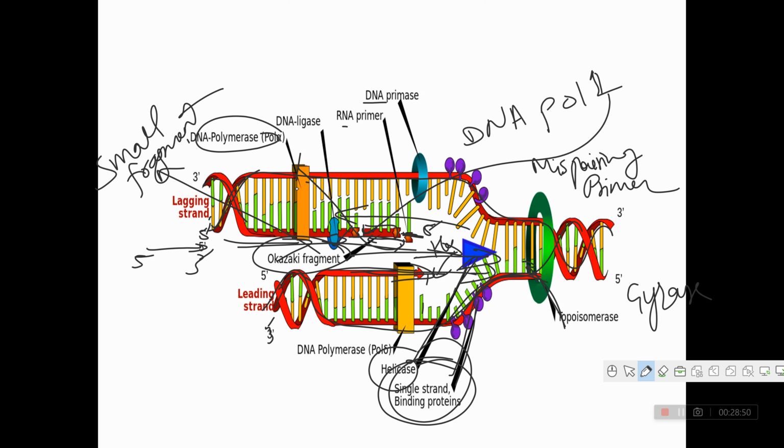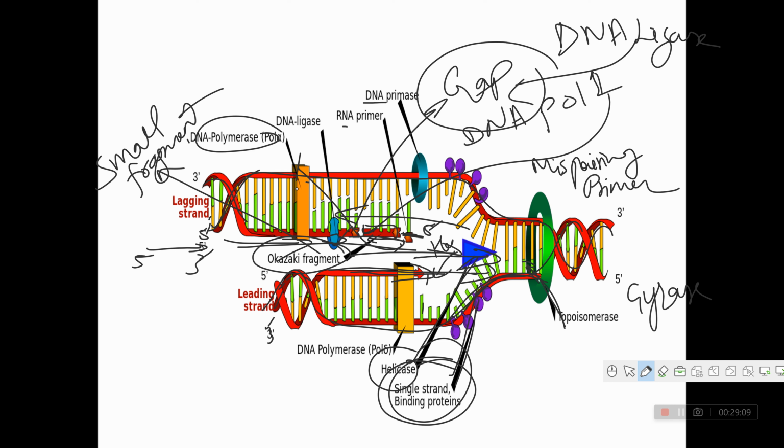After the removal of the RNA primer, a gap will be formed, right? Then what happened for this gap? Another enzyme, that is DNA ligase, came and bound with this gap and sealed the nick or gap.